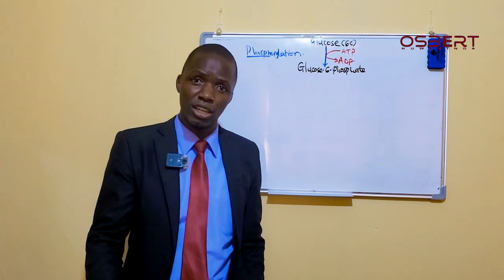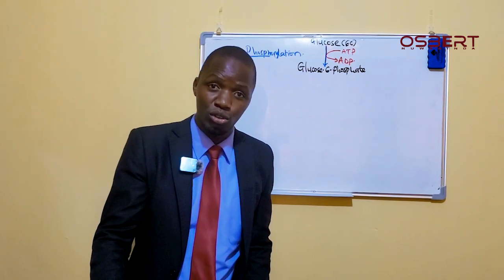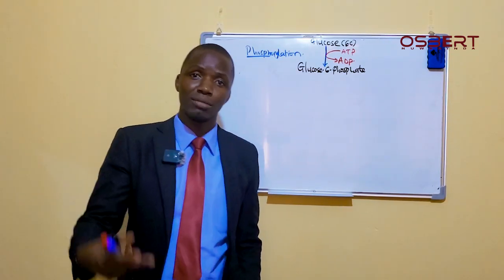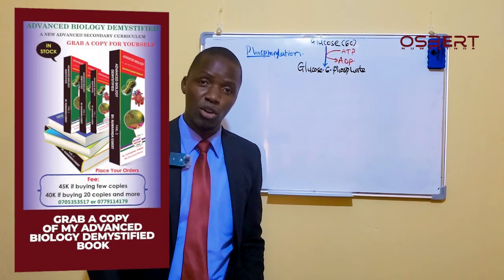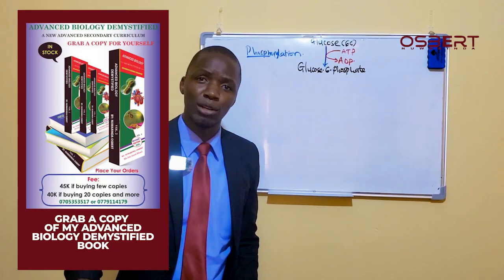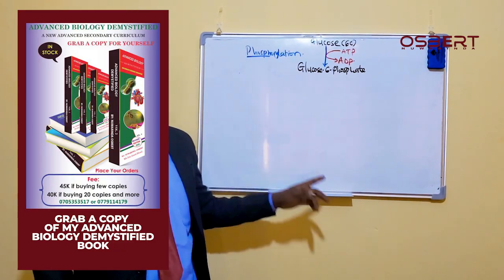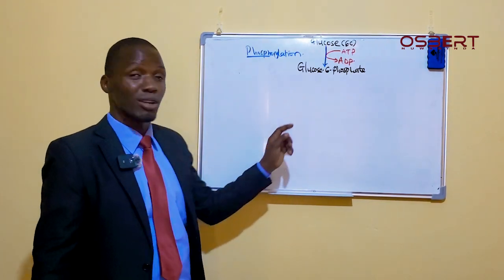So just like when you want to start a business, you need capital. Your major aim of starting a business is to make money. But for you to make that money, you need money at the start, which is in the form of capital. Then you are going to use that capital to make more money, which is going to be called profit. That's the same science that is happening in our body. Very interesting. So, yes, we want to manufacture ATP.